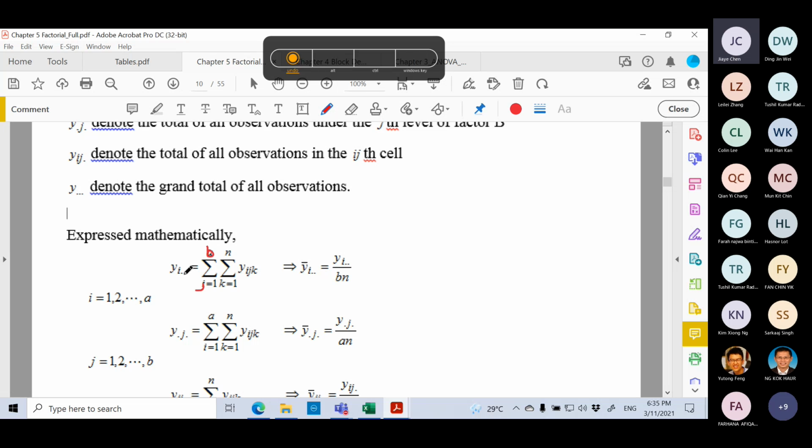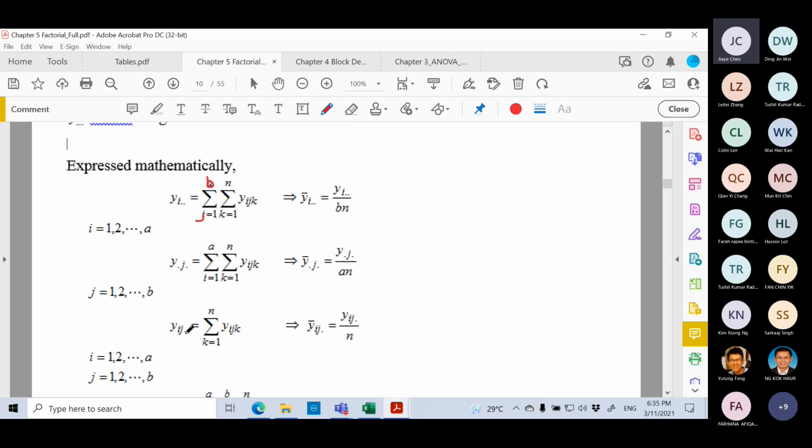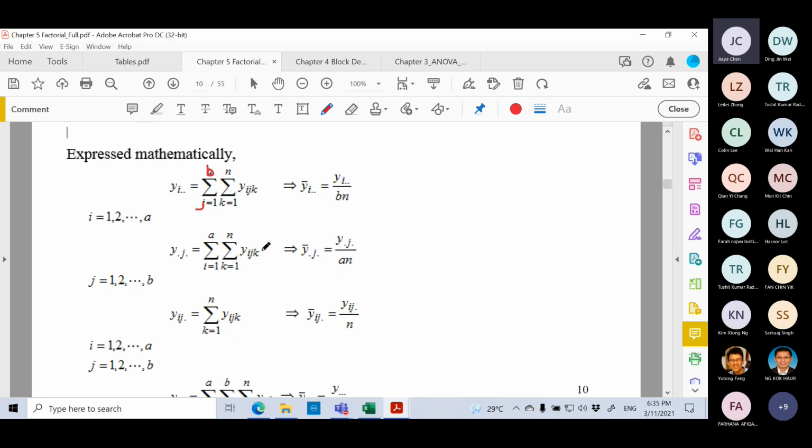For the yi dot dot, you sum out the observations over j and k, from k equal 1 until n, and j from 1 until b. For the y dot j dot, you sum over k and i here. After that, the yij dot is just summing over k alone. The mean is given by the y bar, the mean here and the mean here. So these are the mathematical forms.